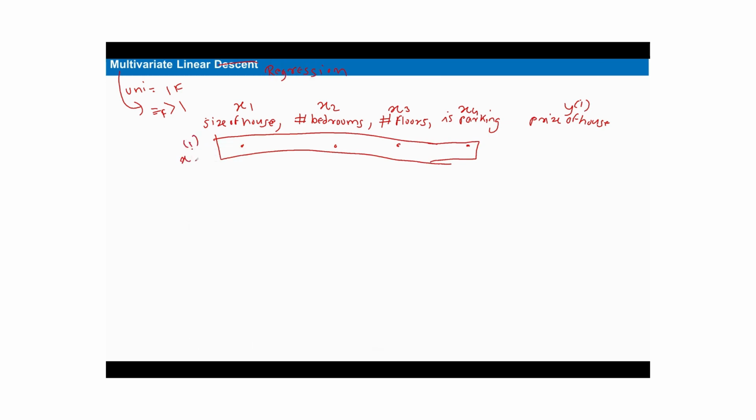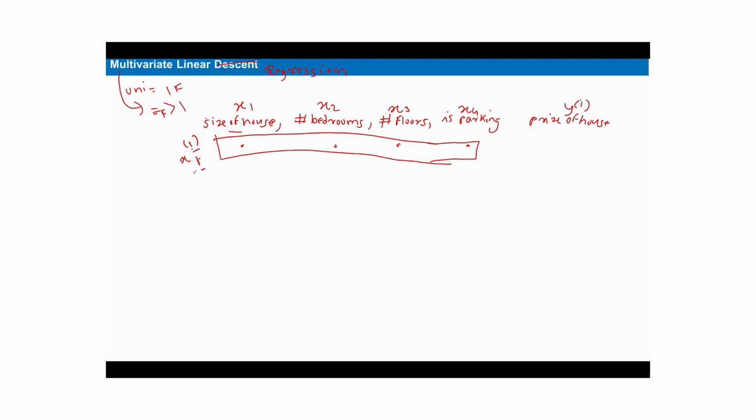This notation is for denoting the example. If I say x1 of 1, I am denoting the first example, first feature, which is the size of the house.